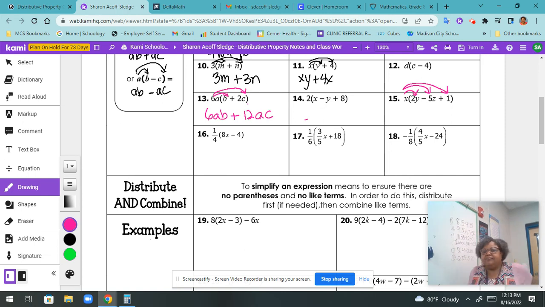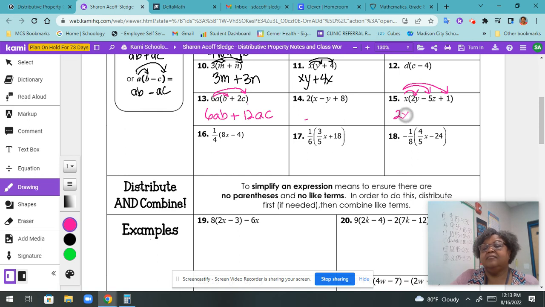You got it, Nate? With the 2xy minus 5xz plus 1.